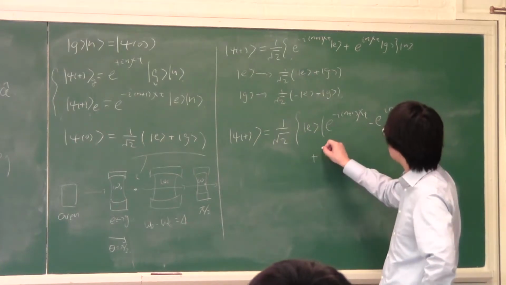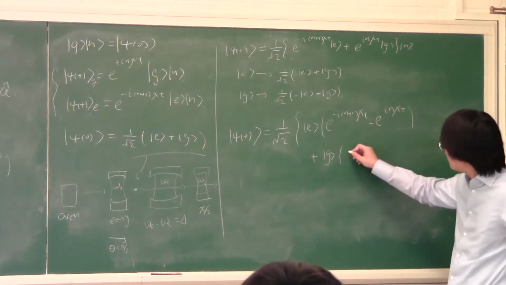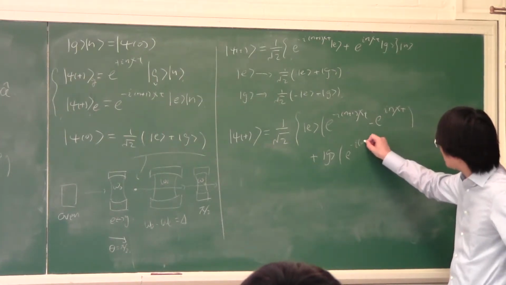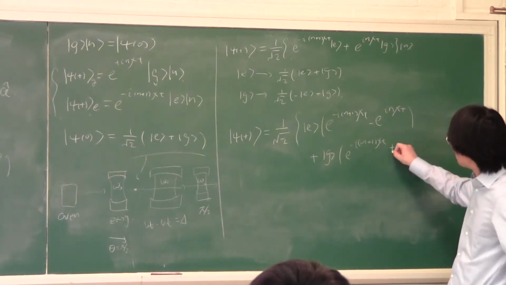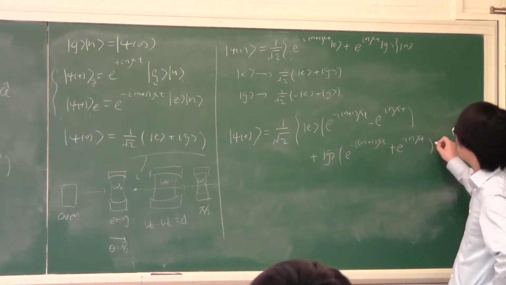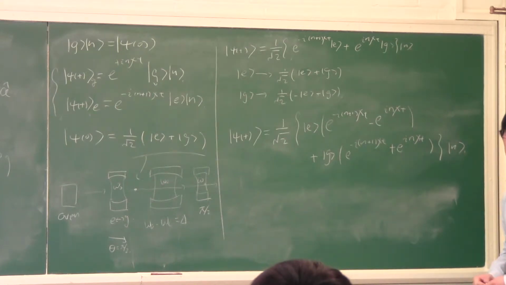And then the ground state has what? e to the minus i (m plus 1) pi t plus e to the i m pi t. And then the field state is already factored out.